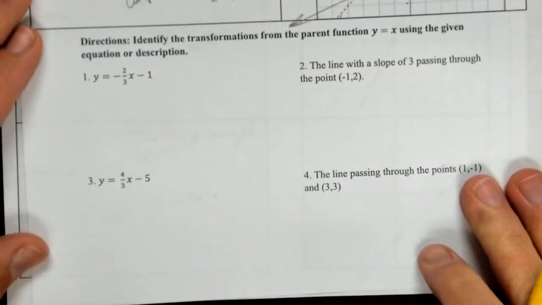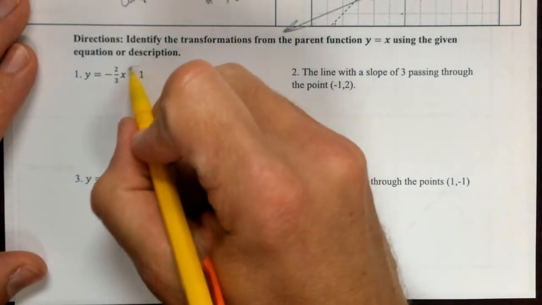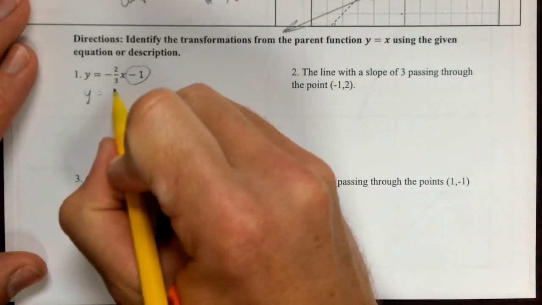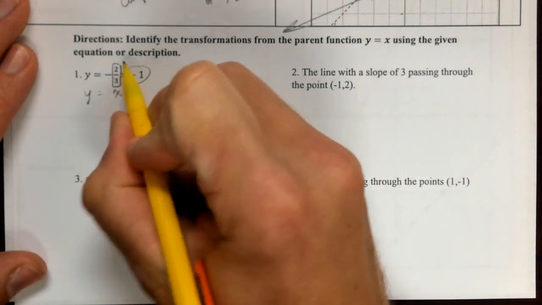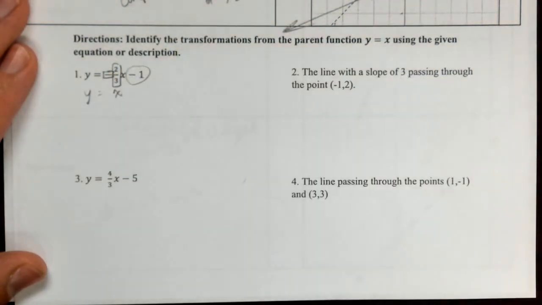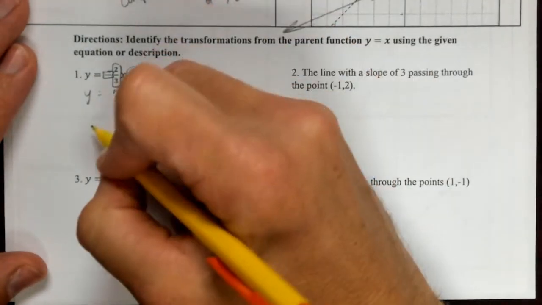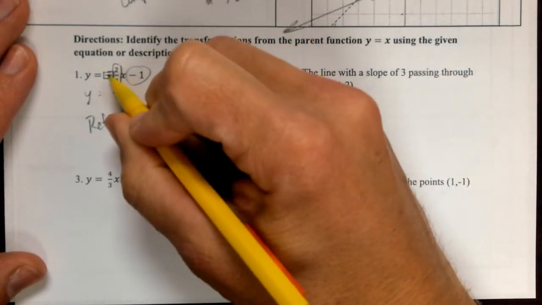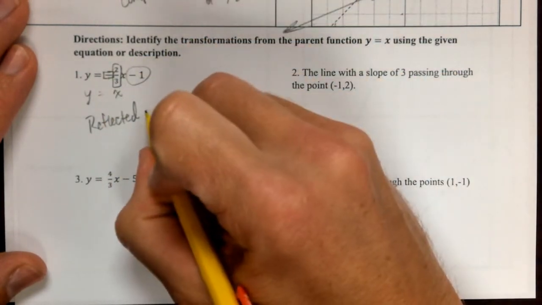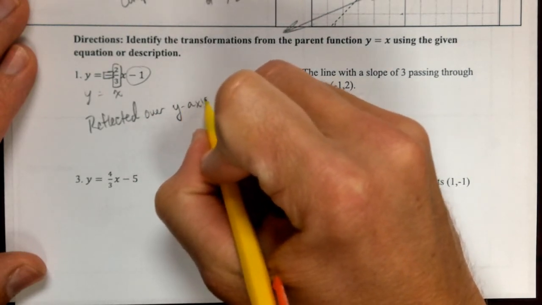So identify the transformations just given the equation or the description. So let's look at our transformations here. So y equals x, right? So we have 1 transformation, we have 2 transformations, and then we have 3 transformations. So what happened? From the function y equals x, we reflected based on this negative for my slope, so reflected over the y-axis.